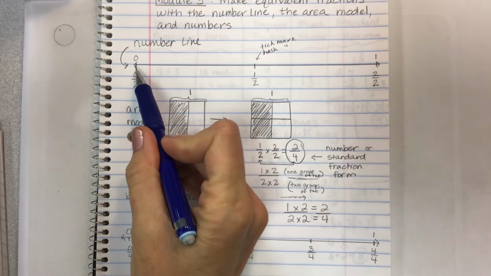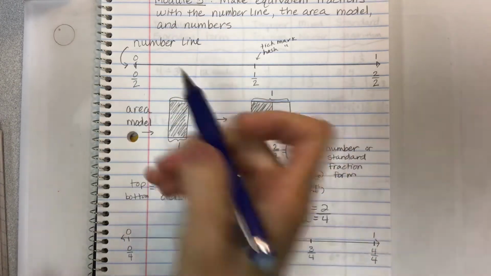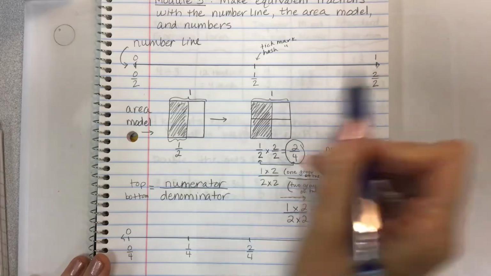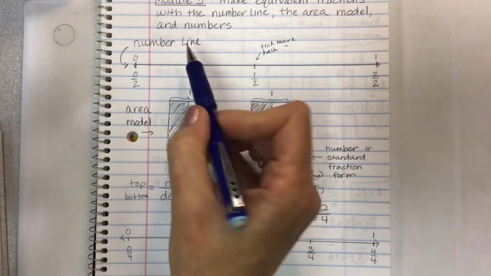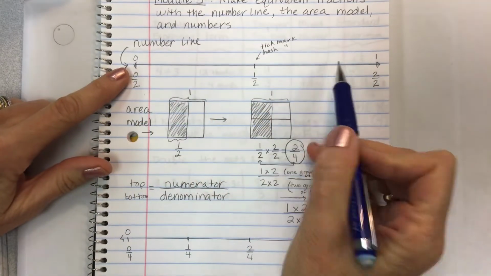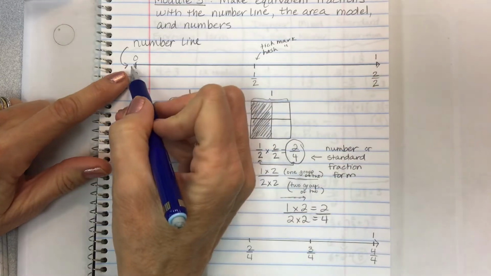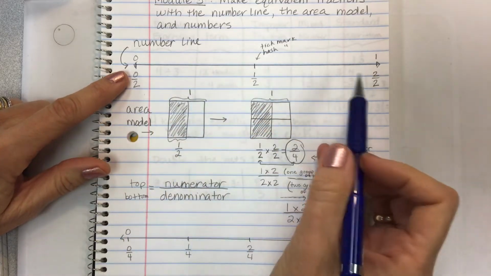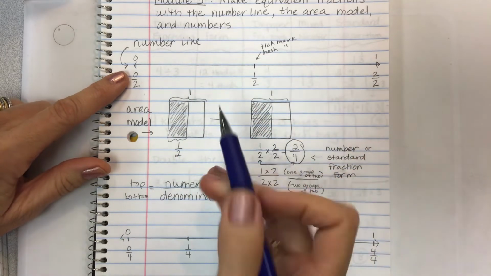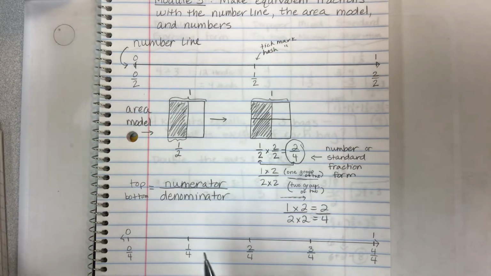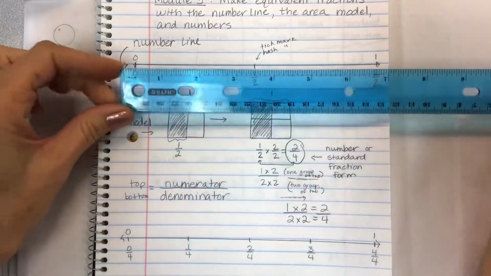First of all, in your notebook, in your notes, you might want to have a number line. So a number line is a line with a bunch of numbers on it. Look for the arrows. It goes on forever in both directions. You can label the number line in any type of counting that you want. So a really great number line to look at right now is a ruler.